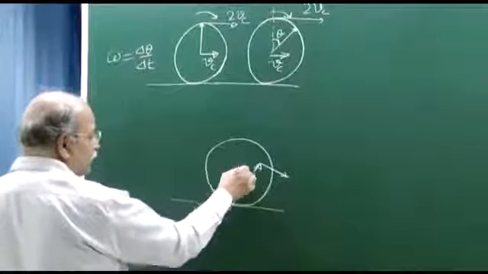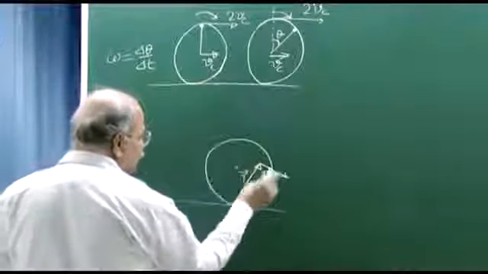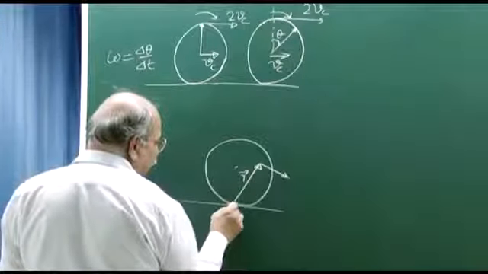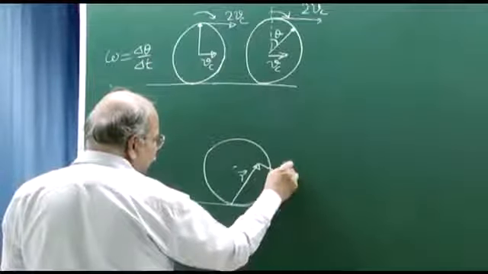And omega is, remember, if it is going this way, omega is inside the board. So, this will be perpendicular to this line and its magnitude will be omega into r.